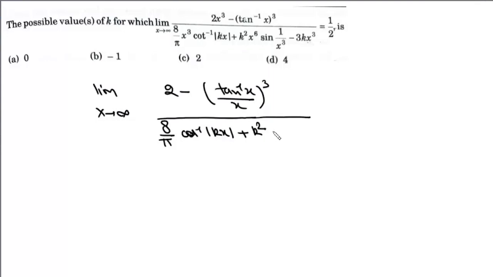Now it will be sine 1 by x cube, upon 1 by x cube, and here it is minus 3k, and it is equal to 1 by 2.